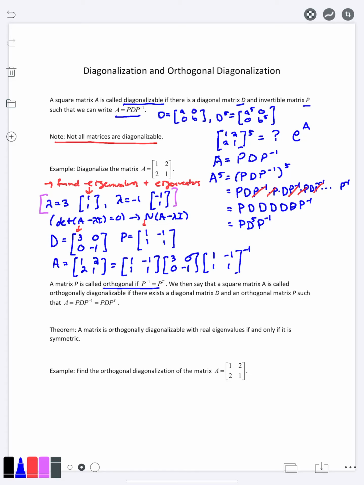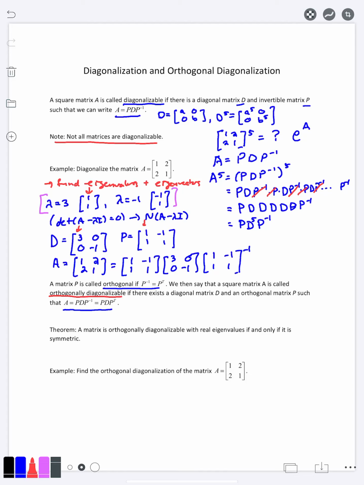Well, not all matrices are going to have that. In fact, not that many of them. But if you can find not just any P, but specifically an orthogonal matrix P, and again a diagonal matrix D, if you can write it in this way, then we call the matrix not just diagonalizable, but orthogonally diagonalizable.